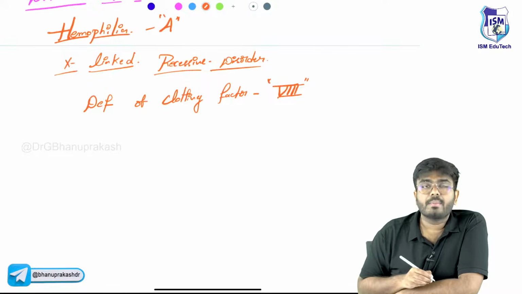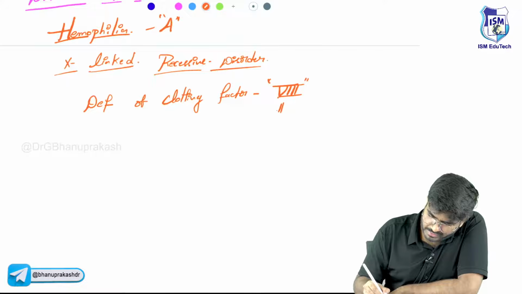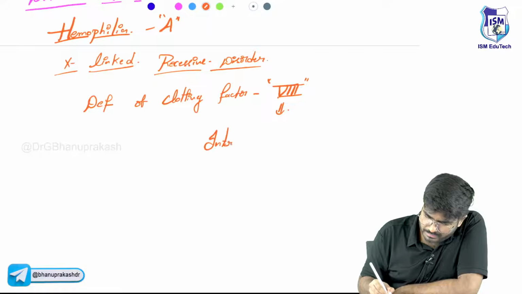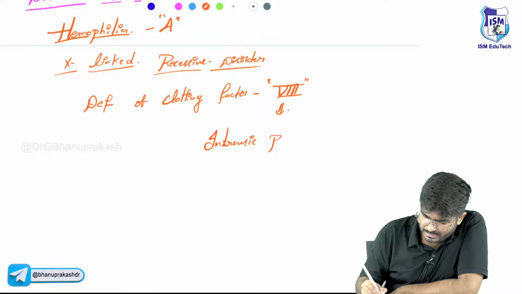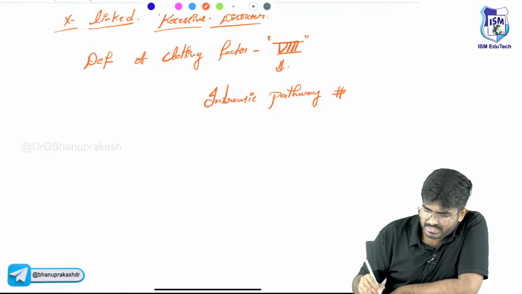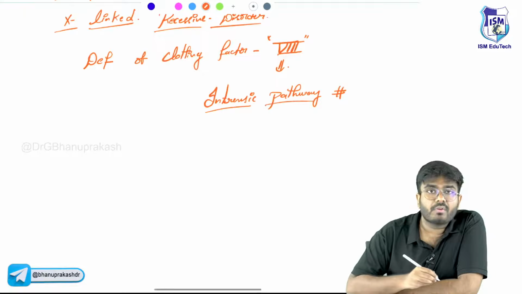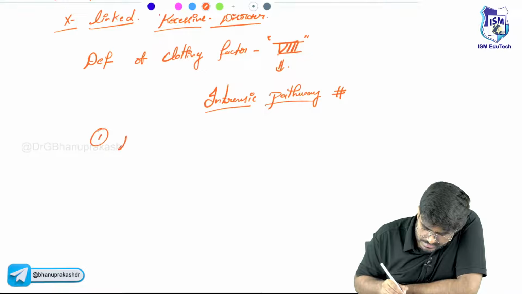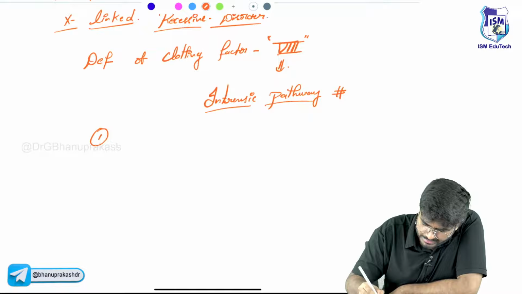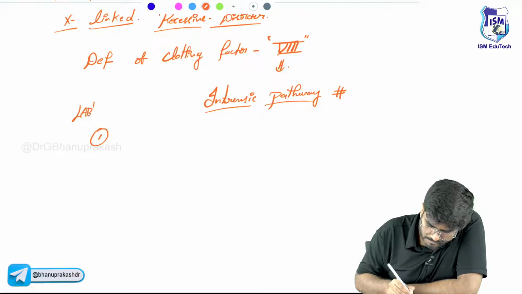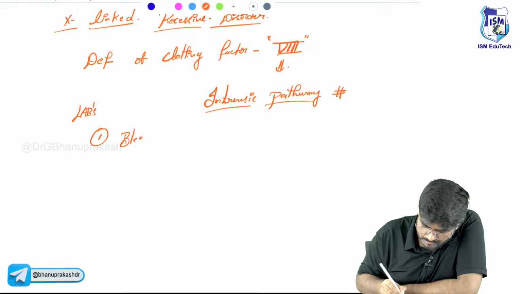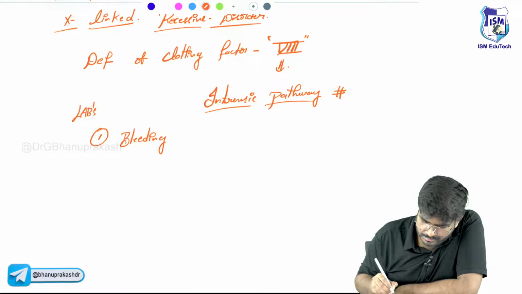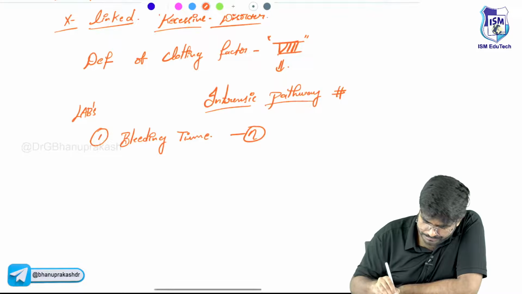If clotting factor number 8 is not there, which pathway is going to be affected? The intrinsic pathway. If the intrinsic pathway is affected, what happens in the labs? Bleeding time is always dependent on platelets, so bleeding time is normal.